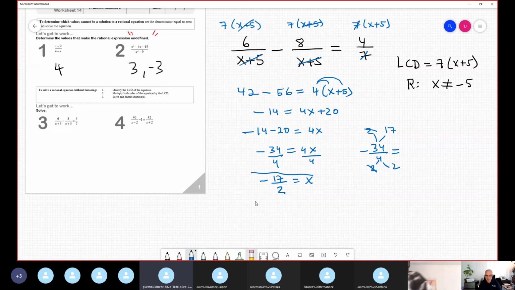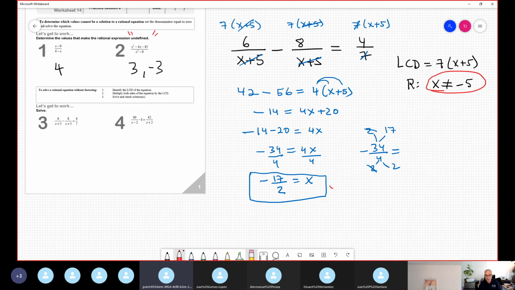And this is the value. Our value has no coincidence with the restriction. The restriction, remember, is -5. Therefore, this solution is perfect. The answer is -17 over 2. That's the final answer for this equation.